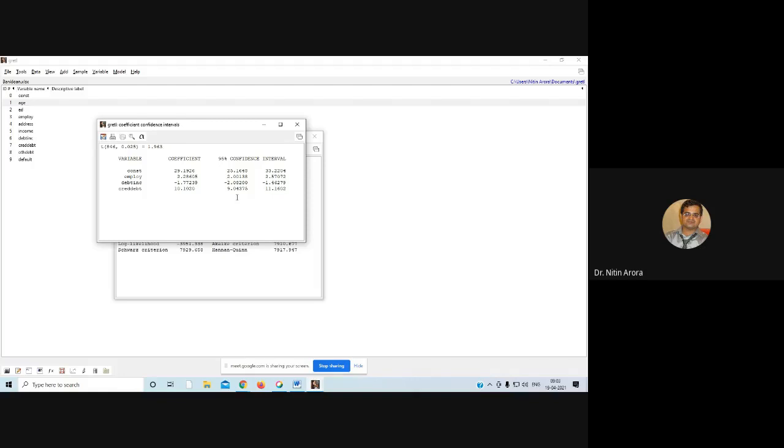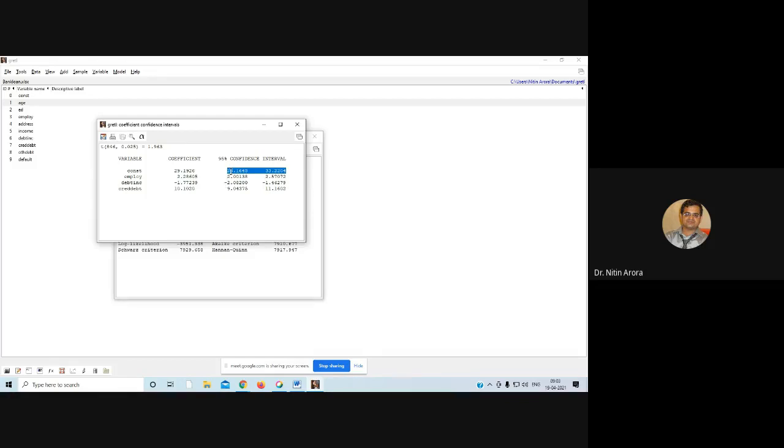I hope you remember that if this confidence interval includes zero, then we say the coefficient is statistically insignificant. If it doesn't include zero, then the coefficient is statistically significant.